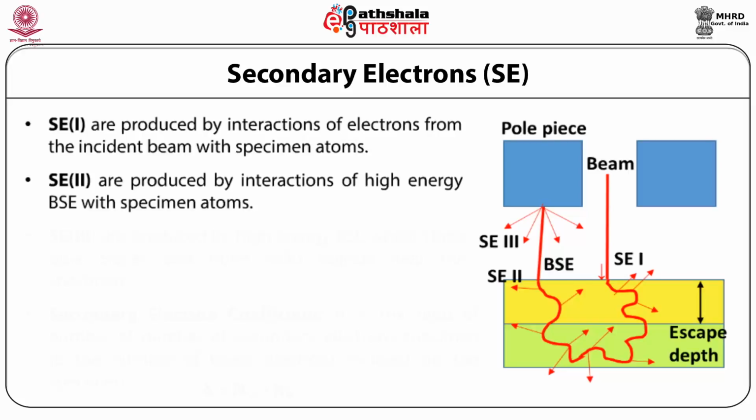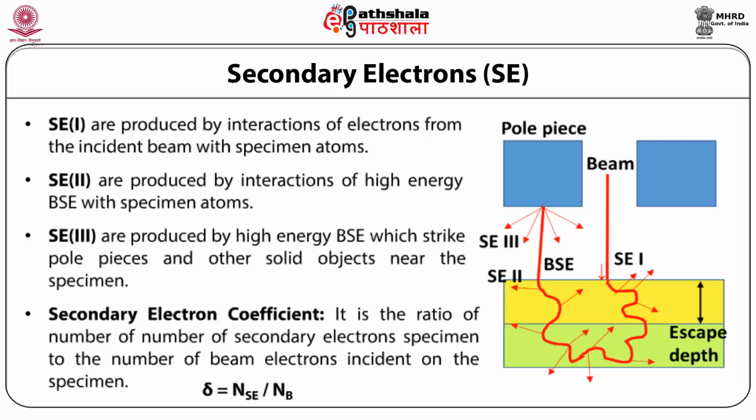The secondary electrons of the second type, SE2, are produced by interaction of high energy backscattered electrons with specimen atoms. Both lateral and depth distribution characteristics of backscattered electrons are found in the SE2 signal, and thus it is a comparatively low resolution signal.